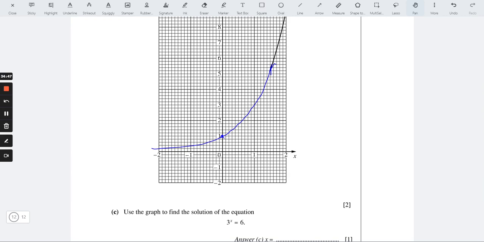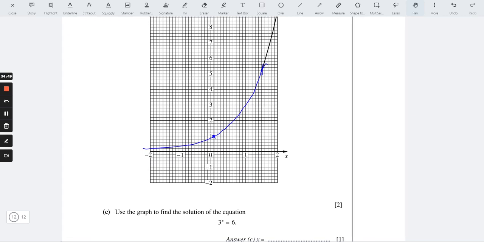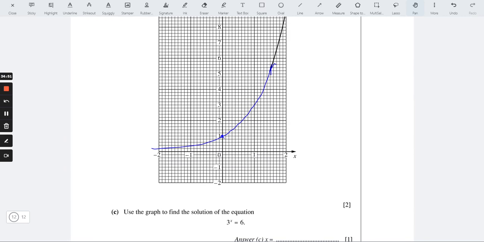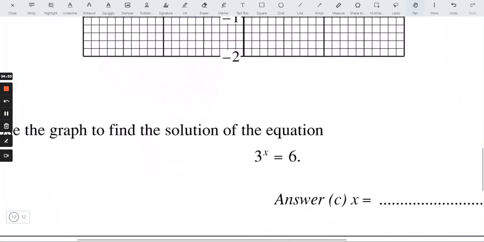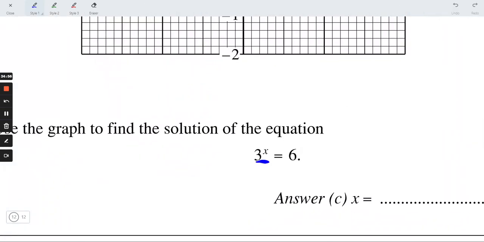Now find the solution. Use the graph to find the solution of the equation 3 to the power of x equals 6. Be careful here. 3 to the power of x is the function, and this is the value, the image of 3 to the power of x.